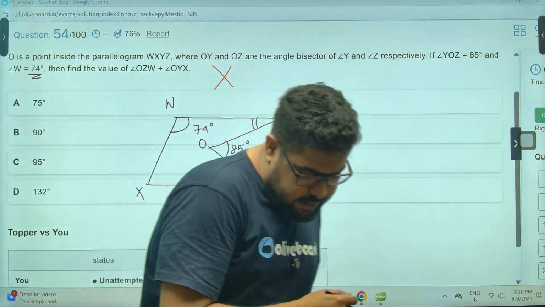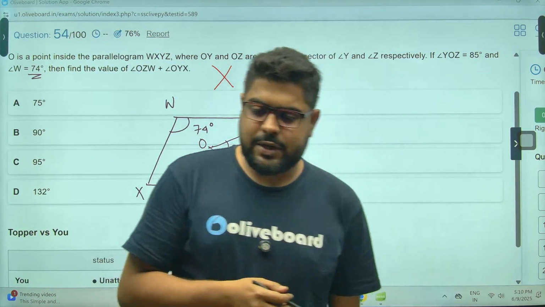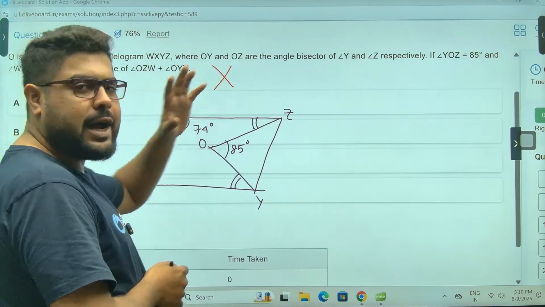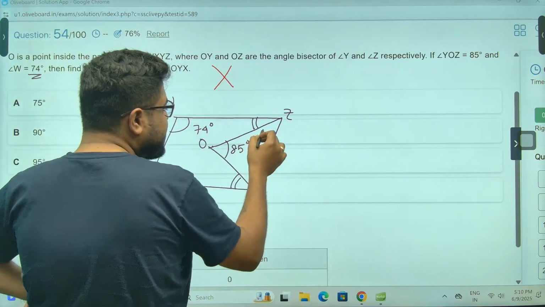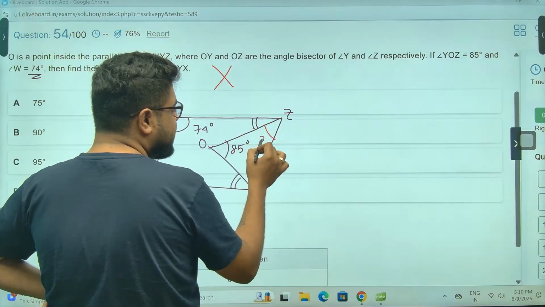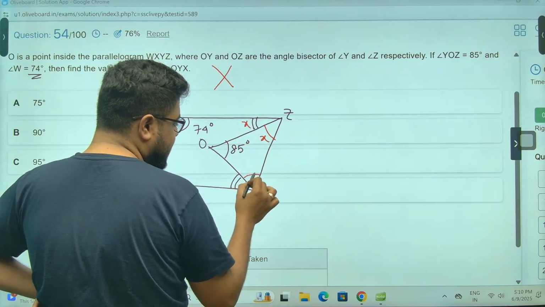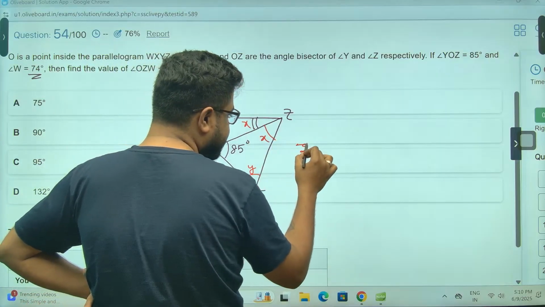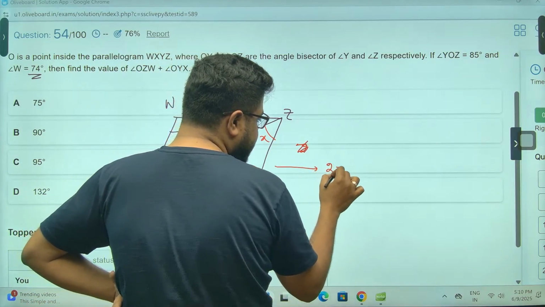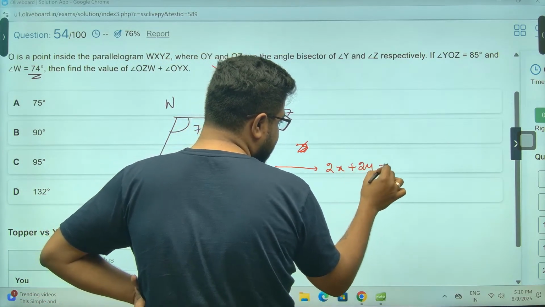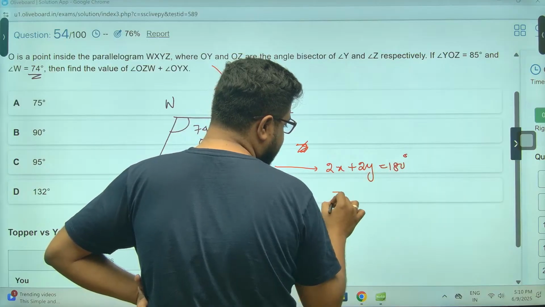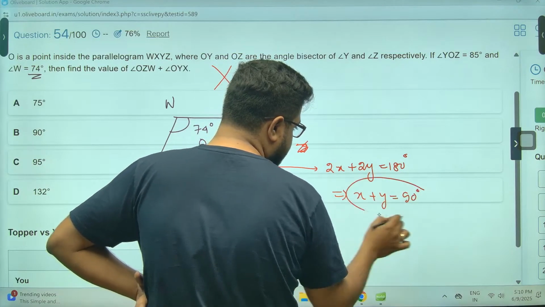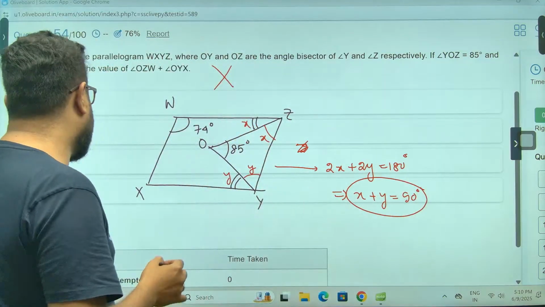This is the angle bisected, so if this is x, this is x. This is also bisected, so if this is y, this is y. So 2x plus 2y, we know 2x plus 2y is 180. So x plus y will always be, sorry, 90. So the answer is 90.